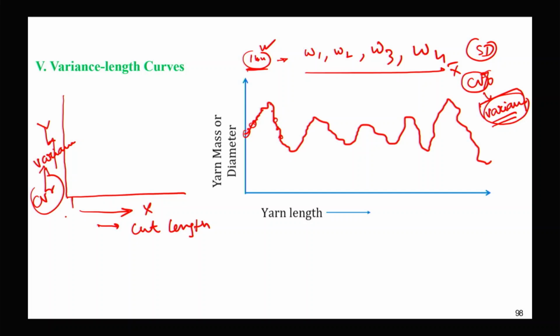We have taken the mass, although weighing 1 millimeter of yarn will be difficult, but let us imagine. And we have got a variance value and plotted it. This is the variance value with 1 millimeter cut length.